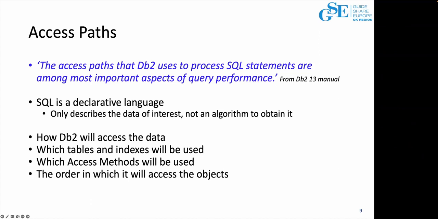The access path defines how DB2 will access the data to satisfy the SQL. They specify which tables and indexes will be used, plus any intermediate tables for sorting data, and the access methods that will be used, and the order that DB2 will access the objects. So that all sounds quite straightforward.